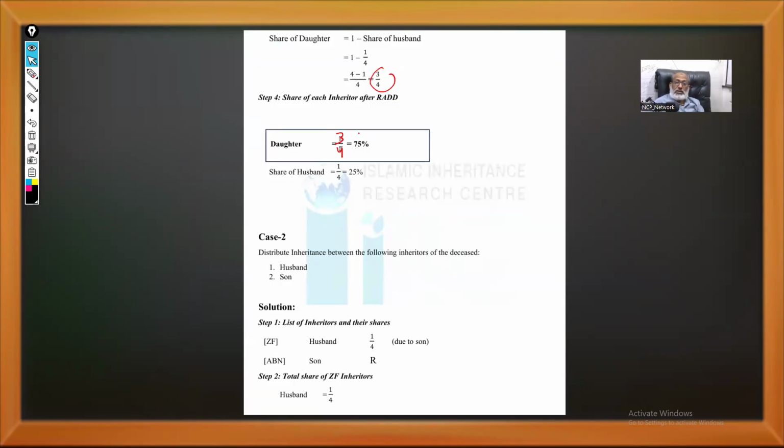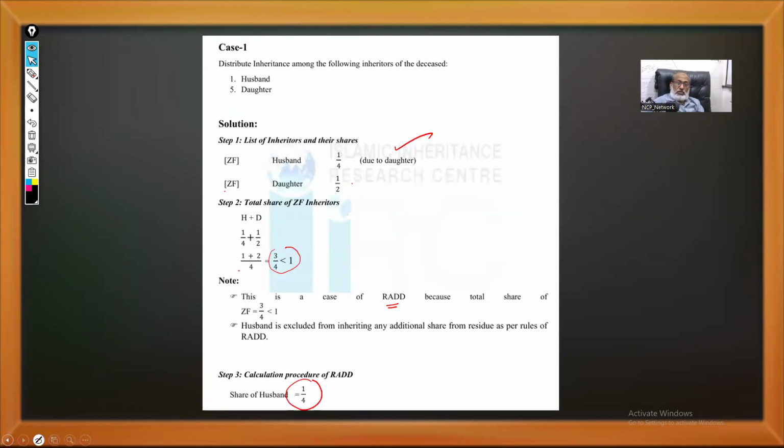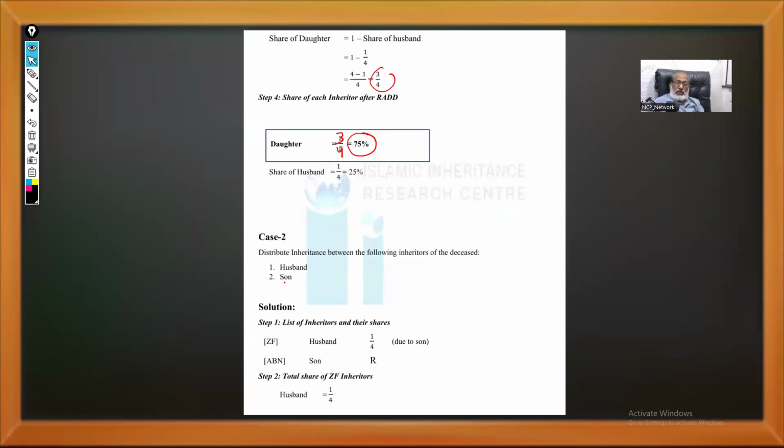The daughter is getting 75% of the estate. In the same case, in place of the daughter, if we take the son here, then the husband is a primary heir and will take the 1 by 4 share, and the son is the residuary by himself.